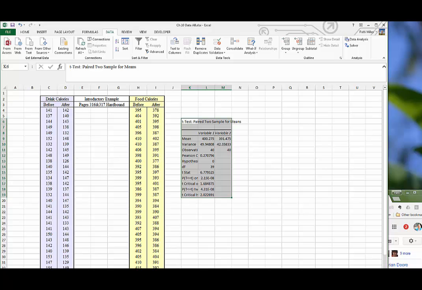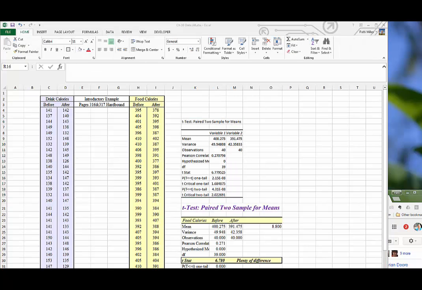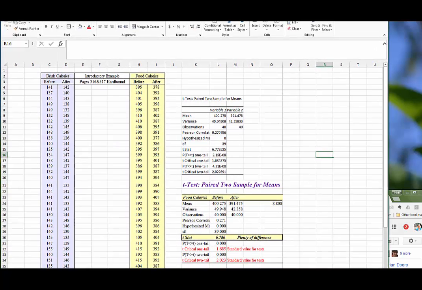And I'm going to fix this up so I can read it. I was going to just fix it up and leave it there, but then I decided I would show you the difference. So here is the way that it gets produced by Excel, and then here is where I just cleaned it up so I could read it.